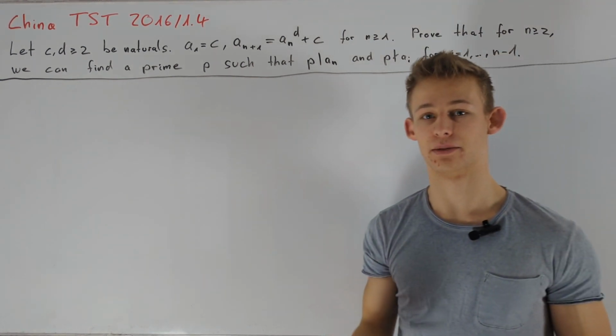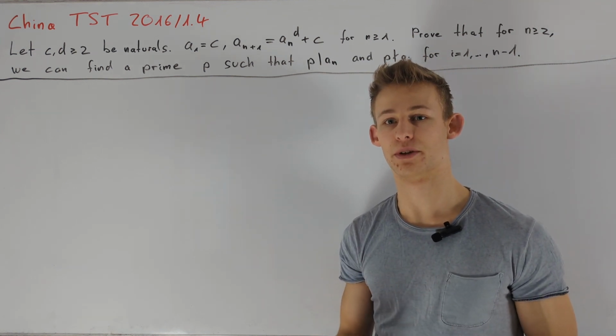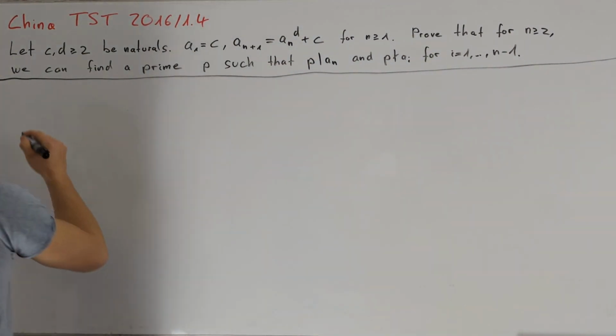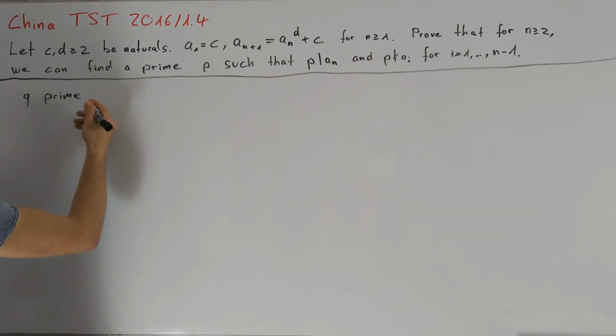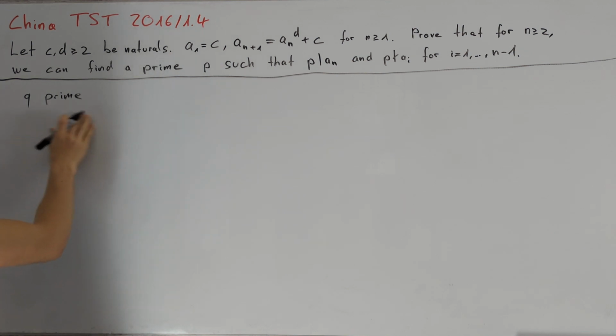After seeing this problem statement, it's clear that we want to investigate the behavior of prime divisors in this sequence. Therefore, let's consider an arbitrary prime number q, but in such a way that q divides at least one of the sequence members, because otherwise it's not interesting for us.